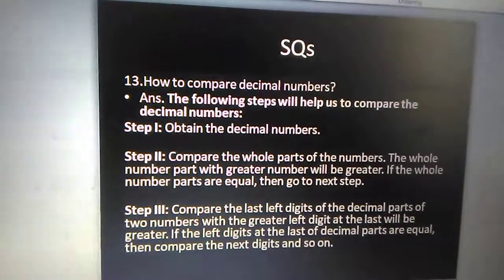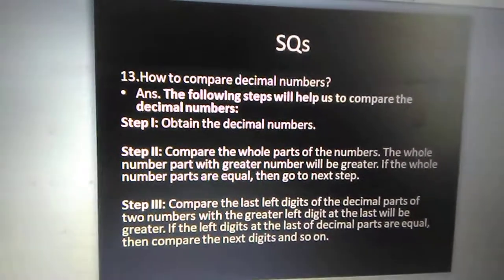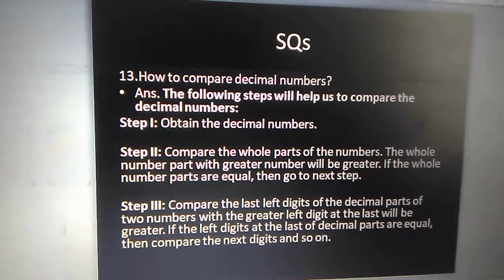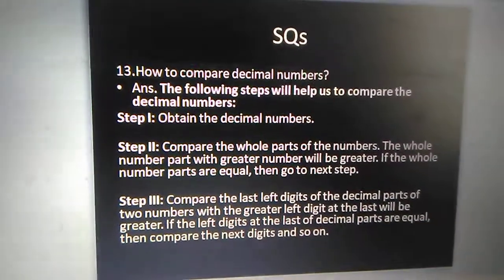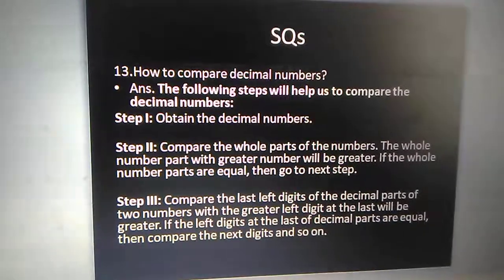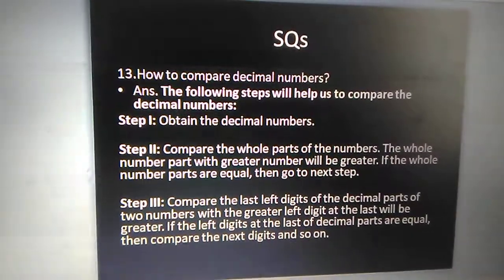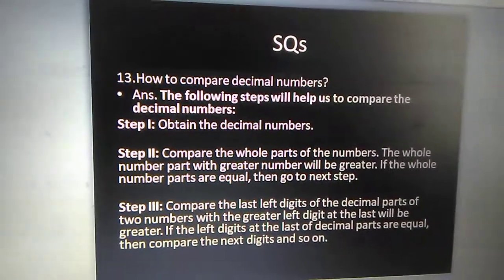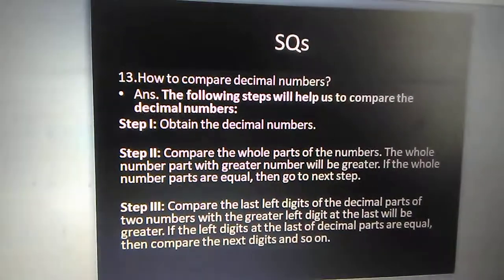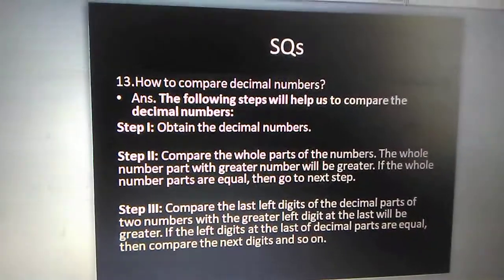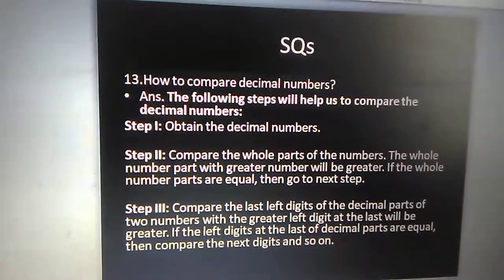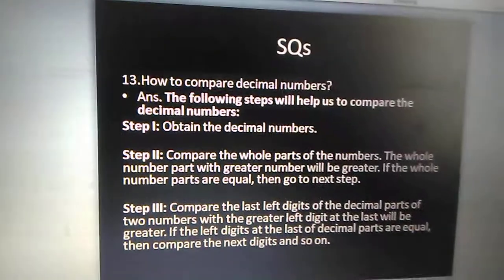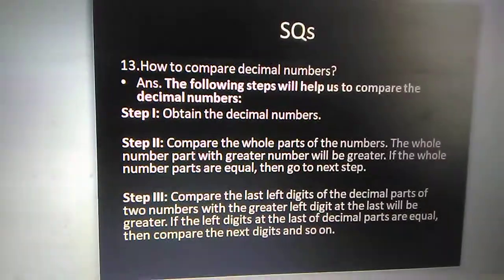As 3 is greater, it will be the greater one. But if it is equal, for example 0.36 and 0.37, then at first we compare 3 to 3, equal, then we'll go for comparison of 6 and 7. As 7 is greater, that number is greater. In that way, you can compare decimal numbers.